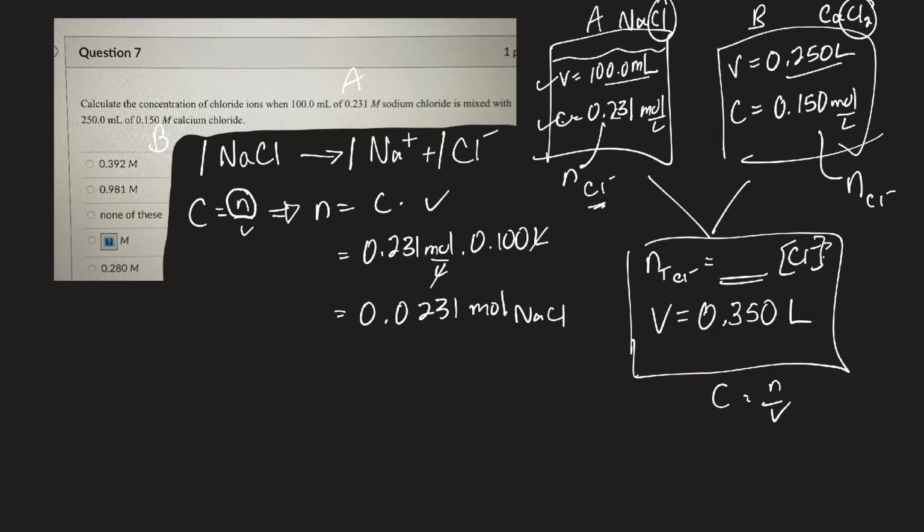And since it's a one-to-one relationship, in stoichiometry we'll actually put a step in for this, but for now, this is the number of moles of sodium chloride, but it'll also be the number of moles of chloride ions because of that one-to-one relationship. Okay, that's moles of chloride ions.